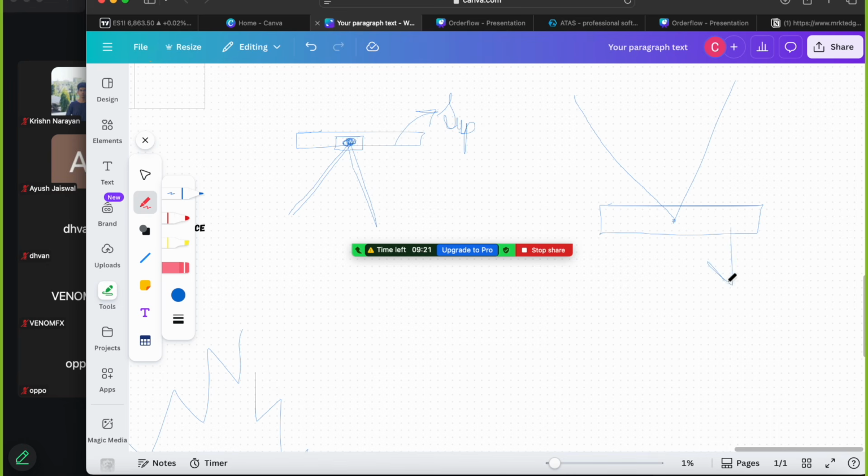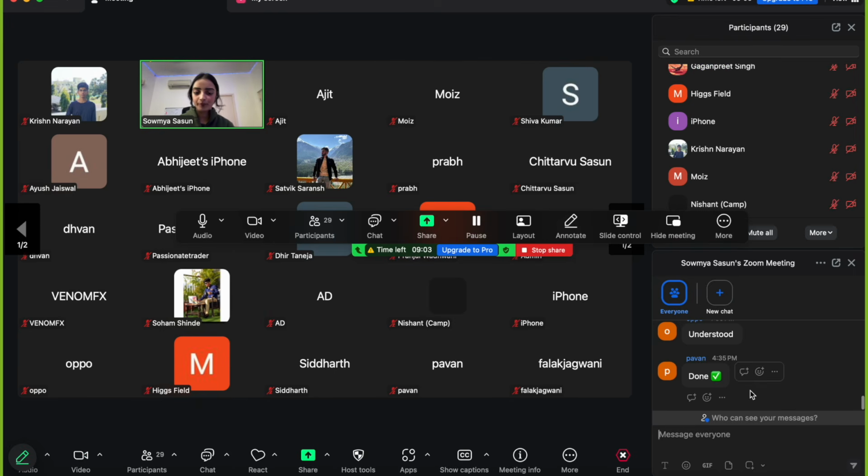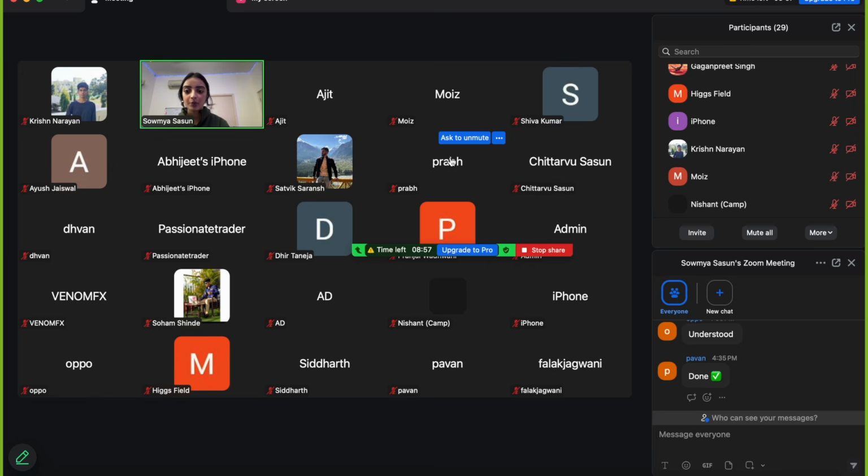What is this? This is a demand region, right? Because this is the area where a lot of buyers came into control. So this is a demand area. Basic stuff. Literally nothing difficult. Just remember these diagrams, and now when we go into the charts, you will do the exact same thing you did in this particular diagram.